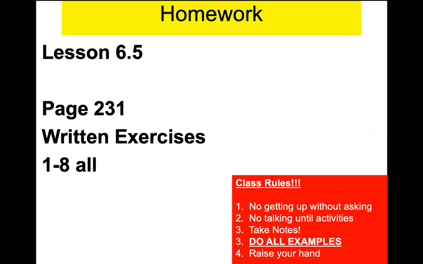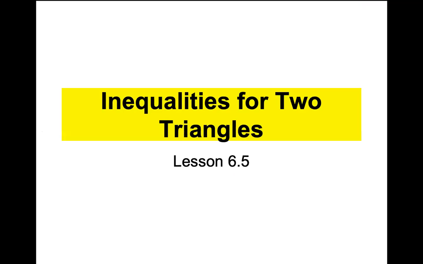The actual proof is challenging, but the understanding of them is pretty easy. 1 through 8 all, page 231. All right, here we go. So once again, the entire chapter is on inequalities, and we're going to look once again at another flavor of inequalities and triangles.